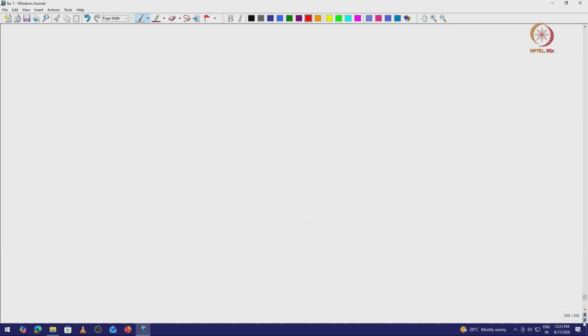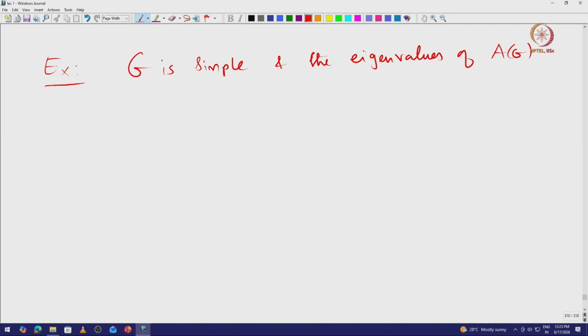Like I said, one can also get more information by looking at the eigenvalues. Let me state this exercise, which is a bit harder. Assume that G is simple and the eigenvalues of the adjacency matrix of G are distinct.